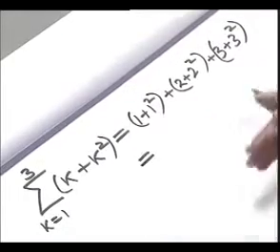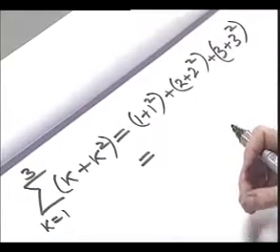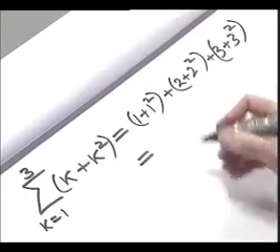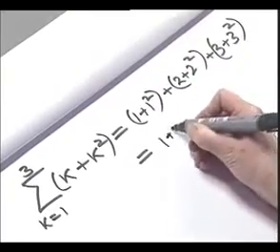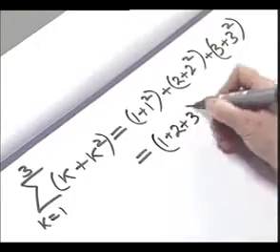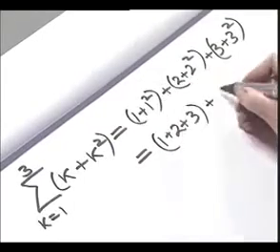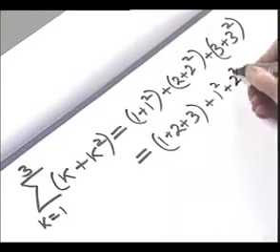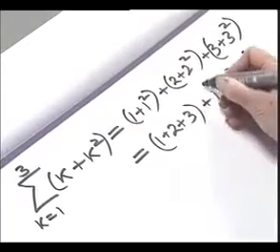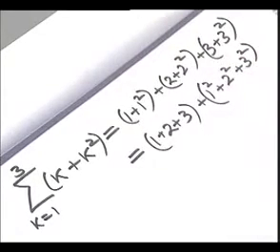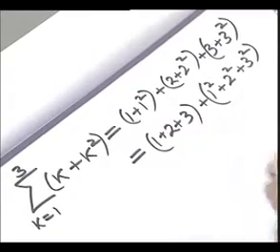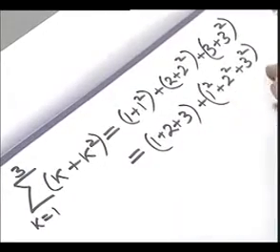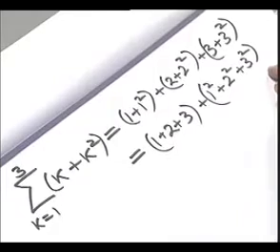Now we'll rearrange the way we did before to make our work easier. We'll take the 1 plus 2 plus 3 together. And then we'll take the 1 squared and the 2 squared and the 3 squared, the bits that are left. And you can see why I've done that, because here we're adding our constant k's, and here we're adding our k squareds.